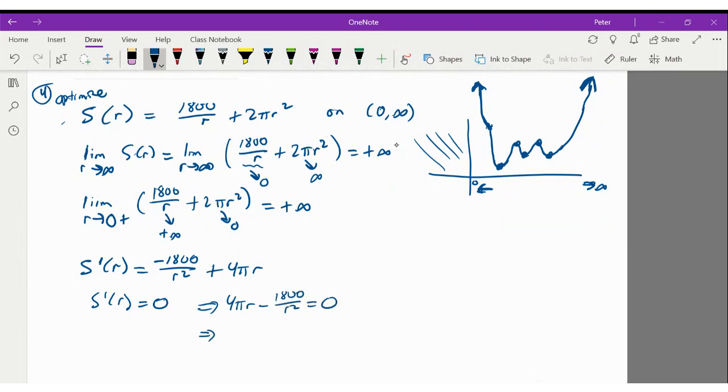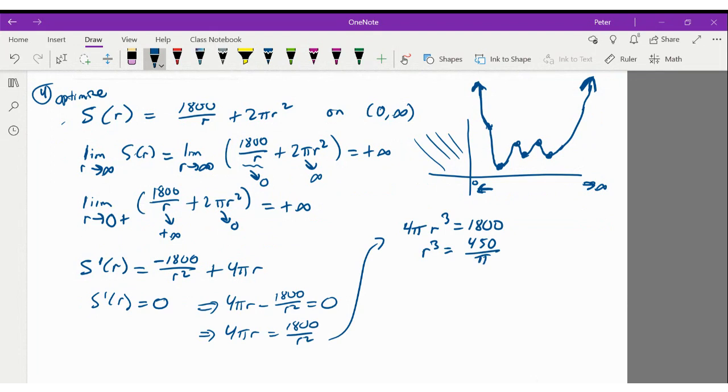That implies that 4 pi r equals 1800 over r squared, which implies that 4 pi r cubed equals 1800, or r cubed equals 450 over pi. If you're looking at that last step, all I did is divide both sides of the equation by 4 pi. 1800 divided by 4 is 450.